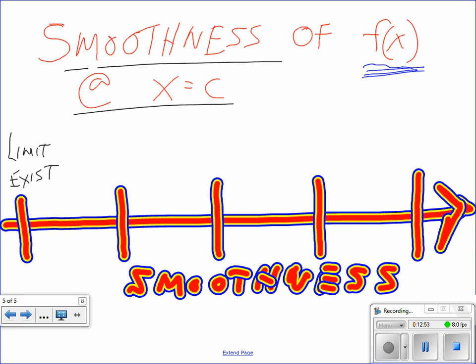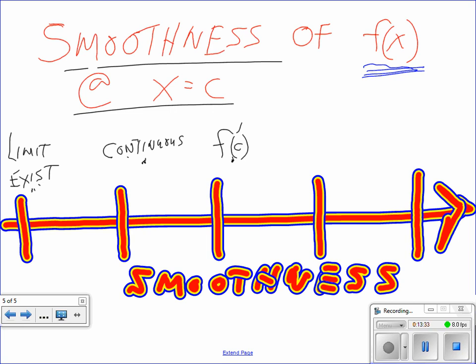If the limit doesn't exist at C, it's not a smooth function. If it's a little smoother than that, the limit might exist, then it might be continuous at point C. If it's continuous, then the limit exists. Well, if it's a little smoother than just being continuous, you might say f prime at C exists. If the derivative exists, it must be continuous, and the limit must exist.